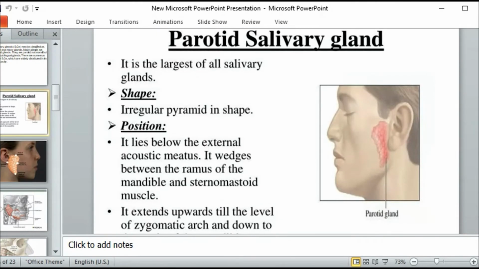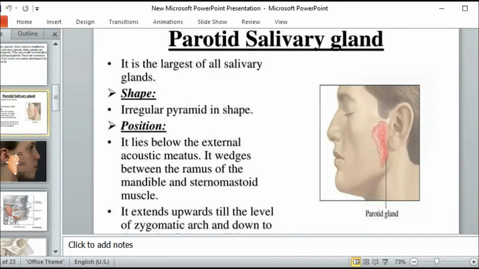First, the parotid salivary glands. Para means around, otid means ears. It is the largest of the three major salivary glands.